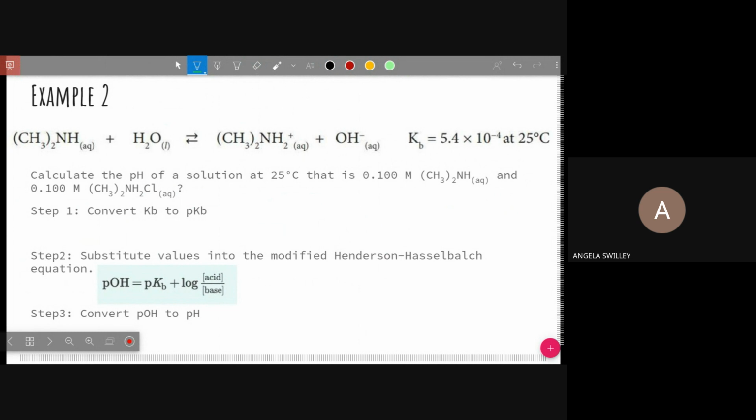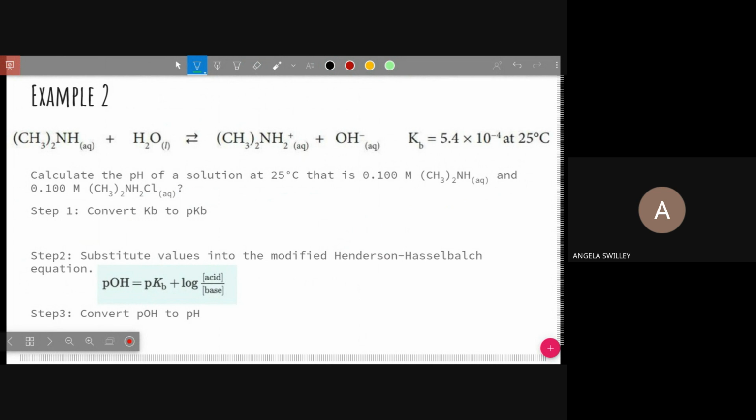All right, so example 2. If you want to try to do this on your own, you can pause the video and then resume to check your answer. All right, so the first thing we're going to do, if you're ever starting with a base and going to your conjugate acid, they're going to give you the Kb. And even when you reverse these equations, you're still going to be using what the original forward reaction was.